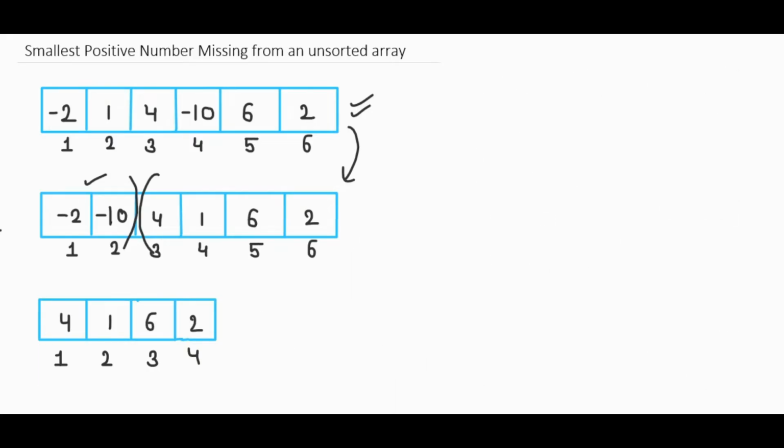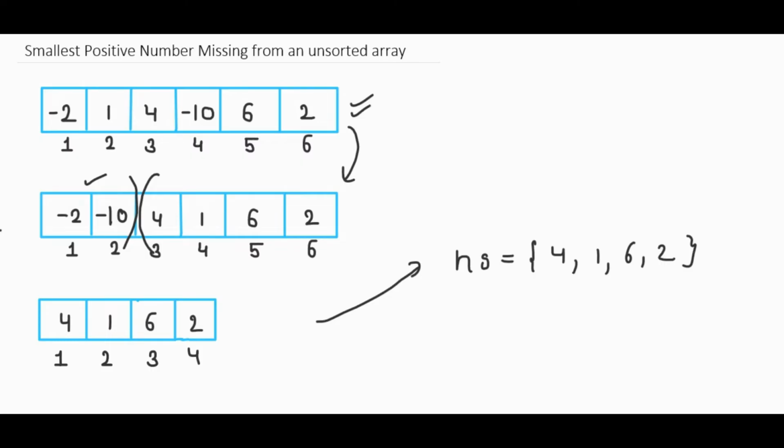Now let's see the approach. First, let's consider the hash set approach as well. What we have done there is we took a hash set and we put all the elements from this array in the hash set, which is 4, 1, 6 and 2. We traversed the array and put all the elements in this hash set.